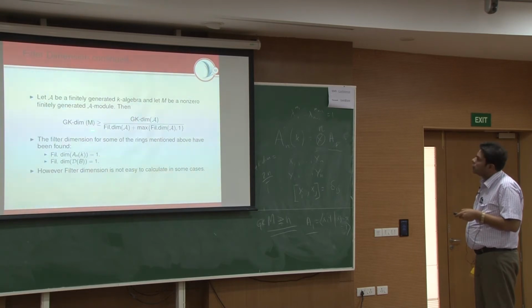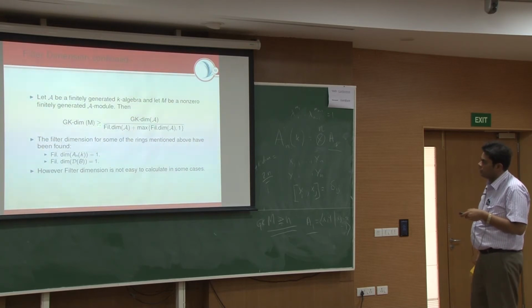Okay, if the filter dimension is big, for example, if it's greater than 1, it would mean that this denominator is big, and the denominator is big means that the lowest possible value of a finitely generated module will be small.